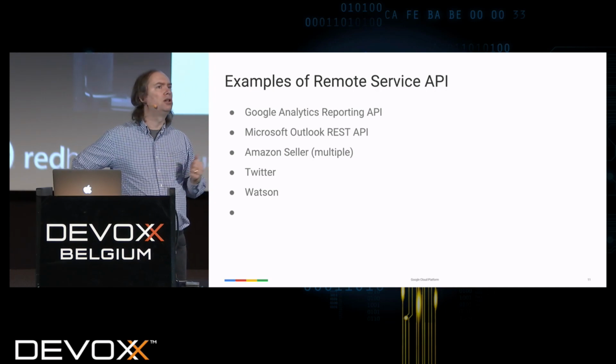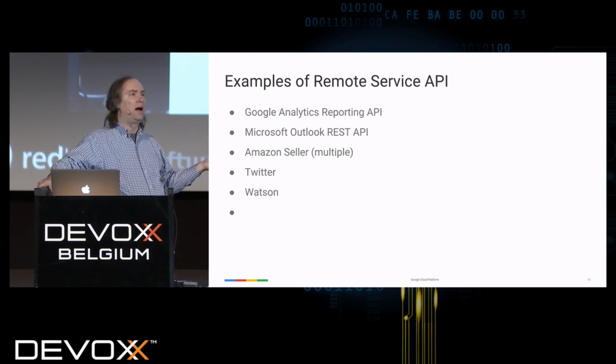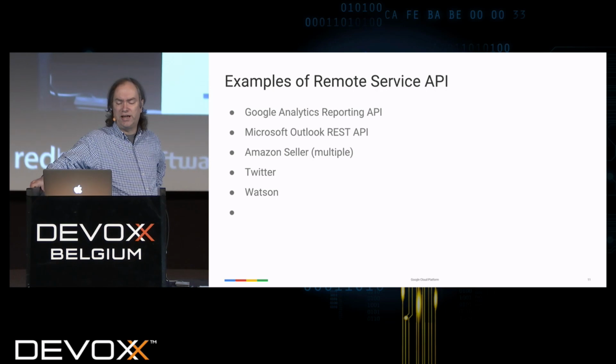A few examples of remote service APIs. I've already mentioned the Google Analytics Reporting API. Certainly I know the Google API is better just because that's where I live, but Microsoft has many. The Outlook REST API is an interesting one for reading your Outlook mail. Amazon seller accounts, many different APIs for managing which products you're putting up for sale, how things are selling, adding new products, removing them, changing prices, etc. Twitter has APIs that are probably not as public as I would like.